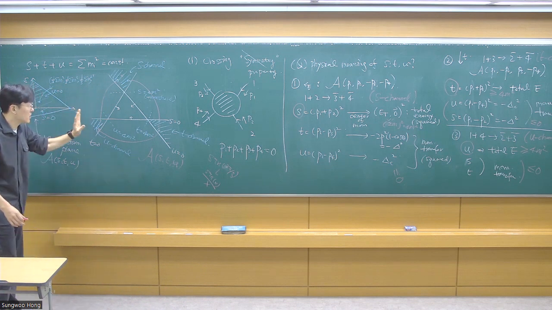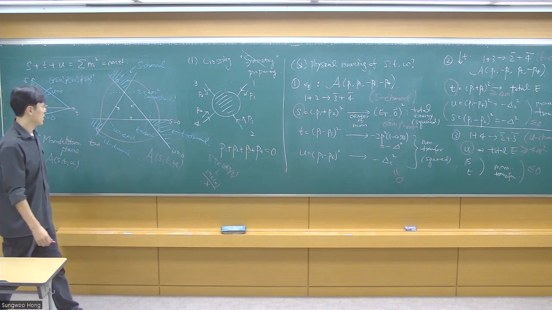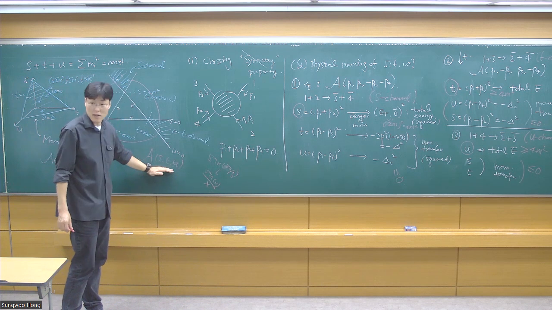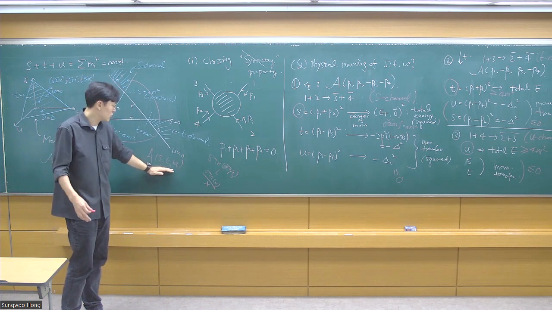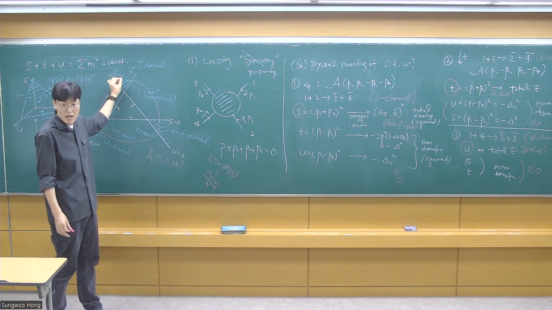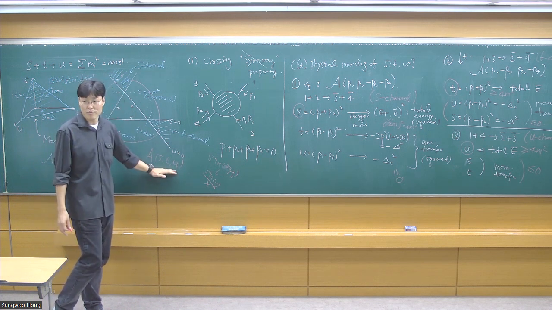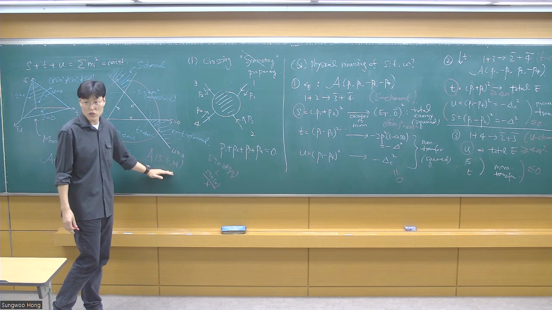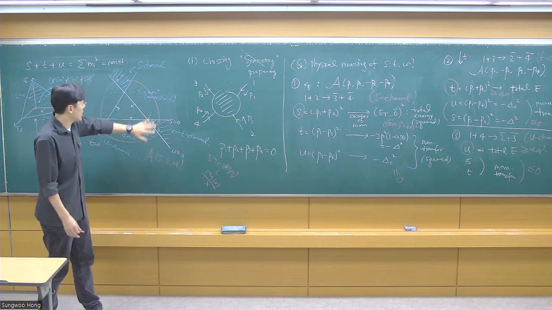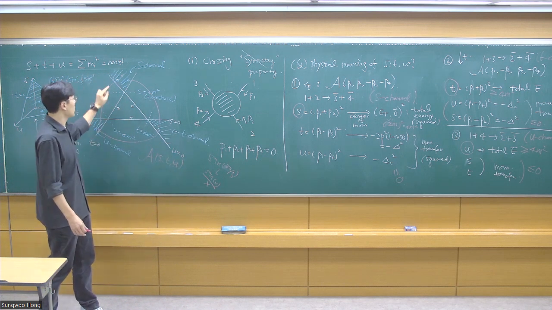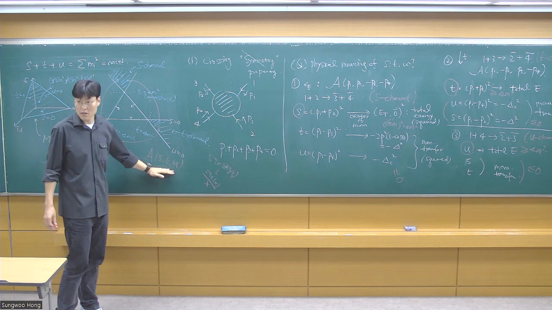So the point of this discussion is that eventually, even though you may construct it from one particular physical process, you can just construct a single function called the amplitude, which is analytic almost everywhere except isolated poles and branch curves.